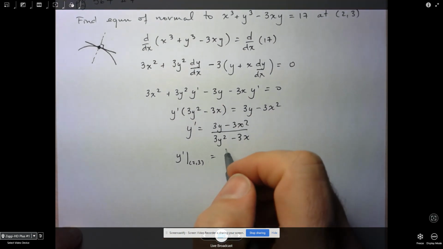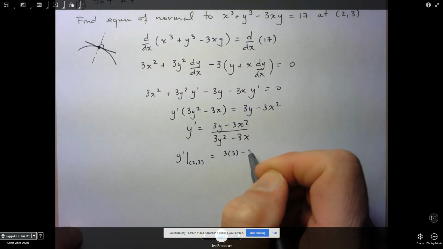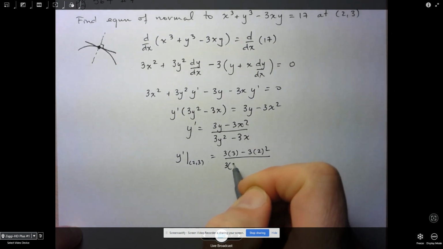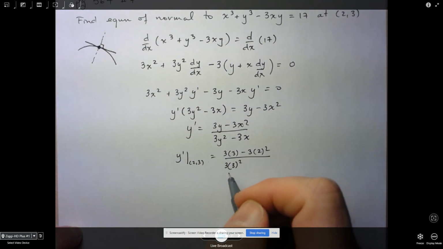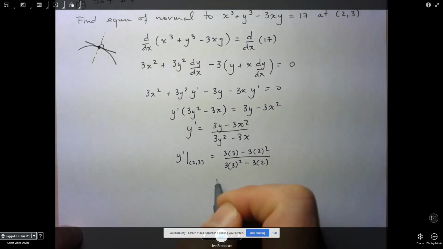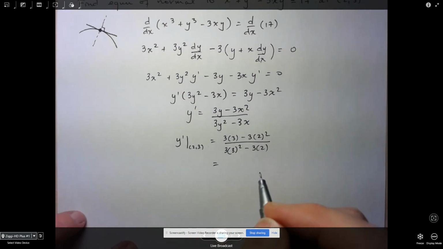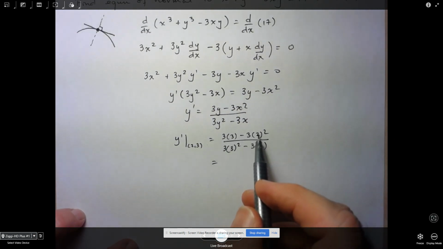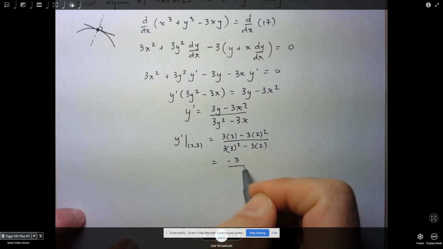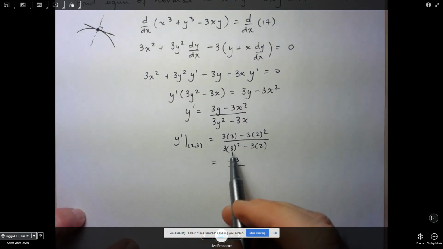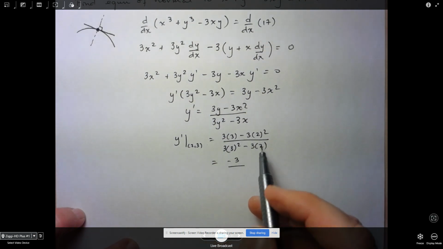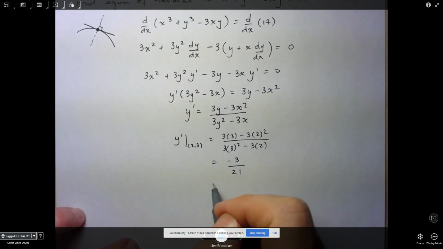So we have 3 times 3 minus 3 times 2 squared, all over 3 times 3 squared minus 3 times 2. Okay, so what do we have here? We have 9 minus, well, 3 times 4 is 12, so 9 minus 12 is negative 3. And then here we have 3 squared is 9, times 3 is 27, minus 6 is 21, so it looks like we have negative 1 over 7.